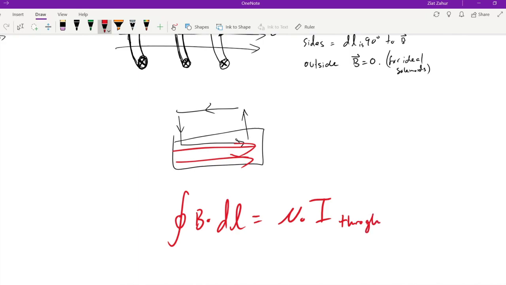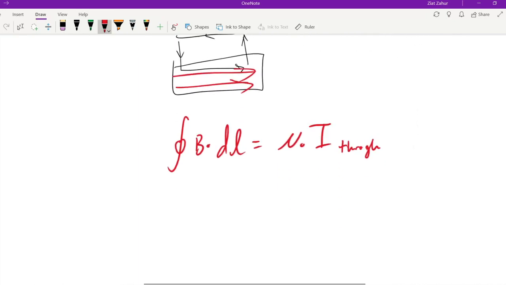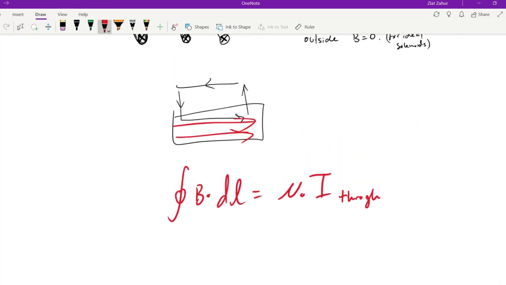It's basically Gauss's law for magnetism. The dot product of perpendicular vectors gives you 0. The dot product of parallel vectors, but where the magnitude is 0, also gives you 0. So the only dot product we have to worry about is the inside.